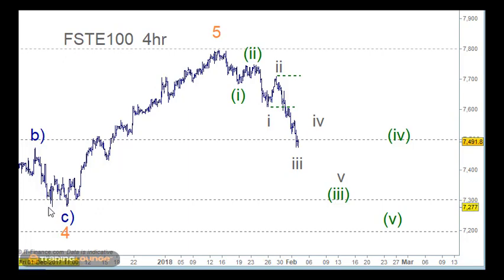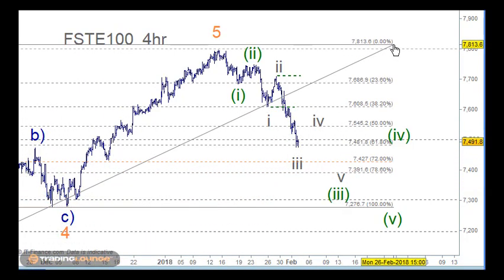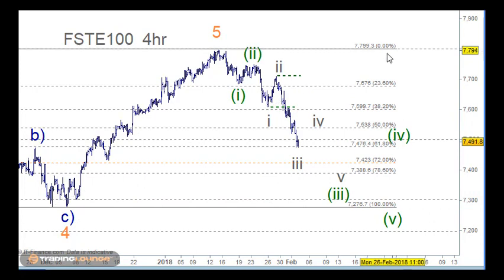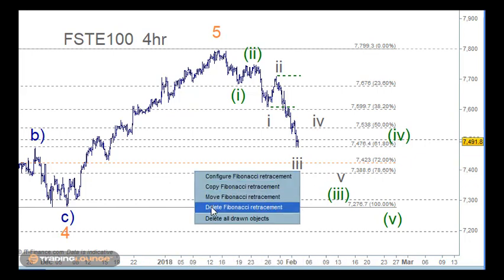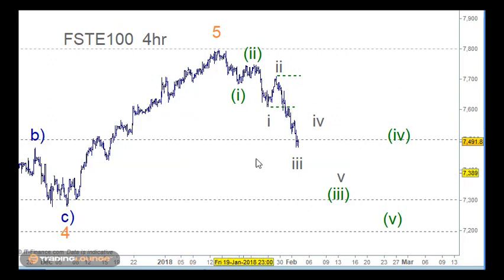Grabbing the bottom down through here and the top up there as well, we can see that we're at the 62% mark at the current price. So we've got that plus the 500. They kind of all work together a little bit. So it'd be an opportunity to short any rallies within here as well.